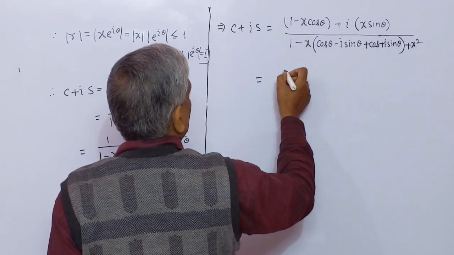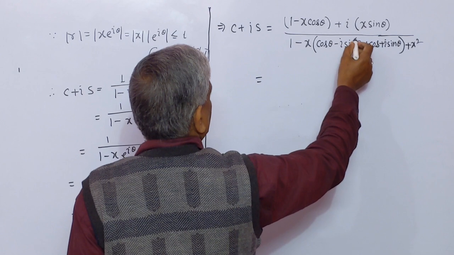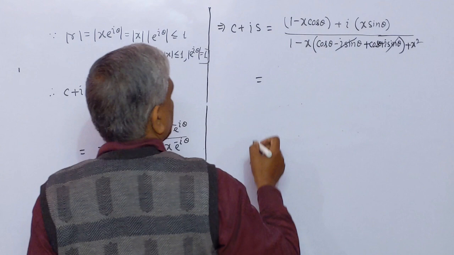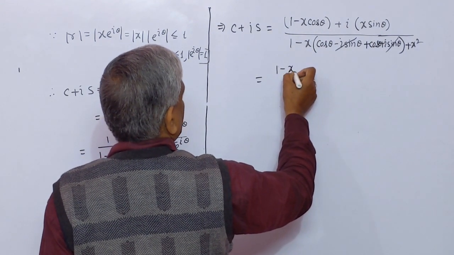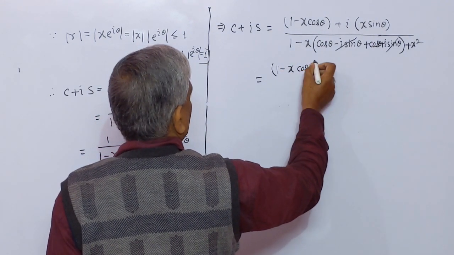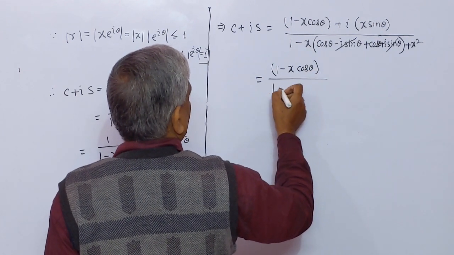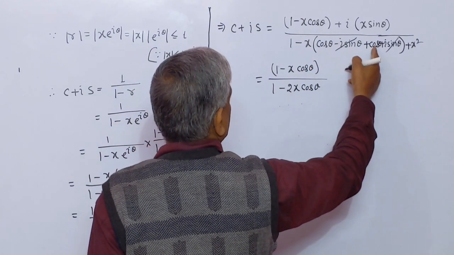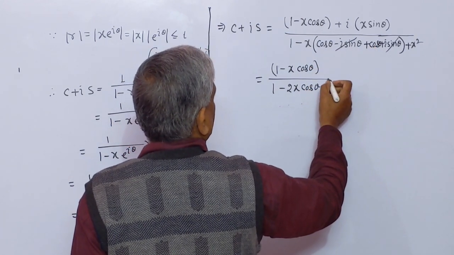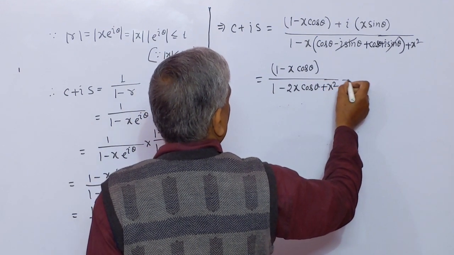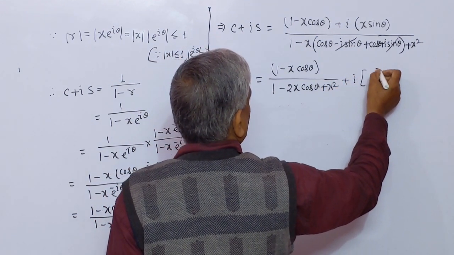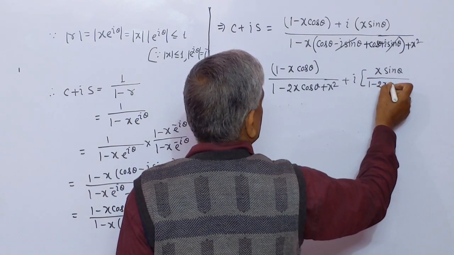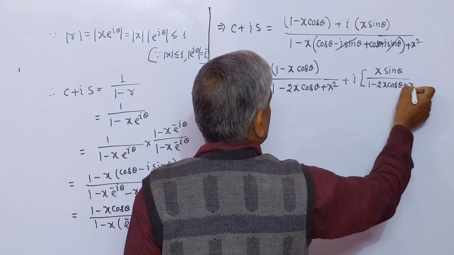This equals, here minus i sin theta plus i sin theta cancel, this is cos theta, 1 minus x cos theta by 1 minus 2x cos theta, cos theta plus cos theta, 2 cos theta, plus x square, plus i x sin theta by 1 minus 2x cos theta plus x square.